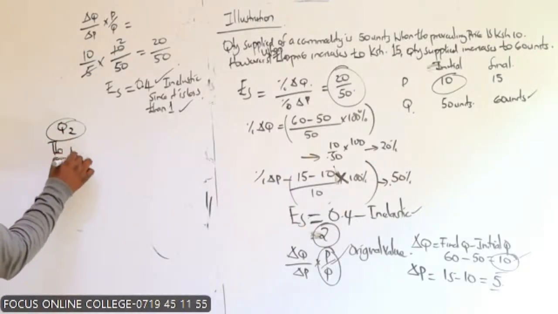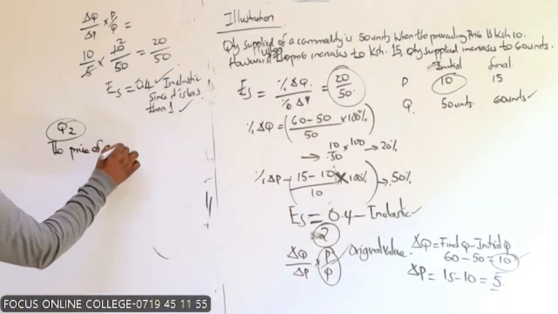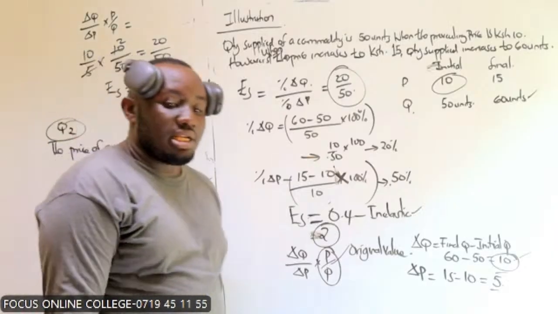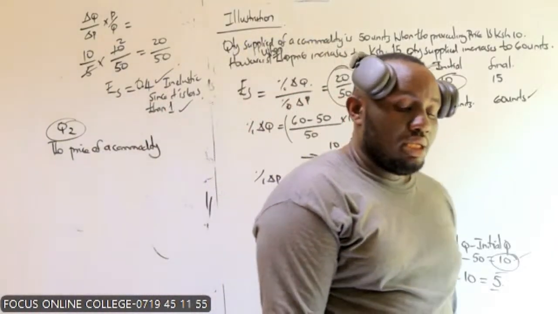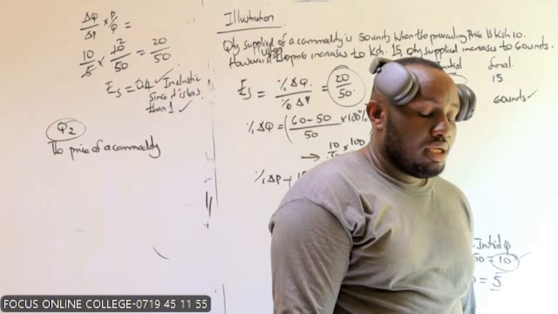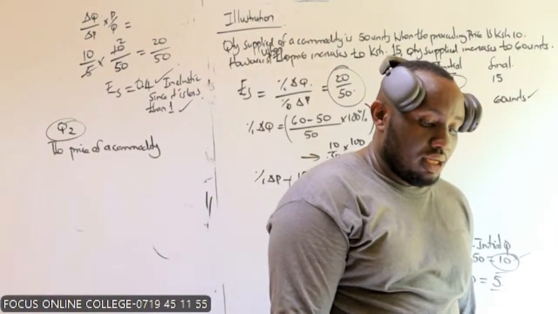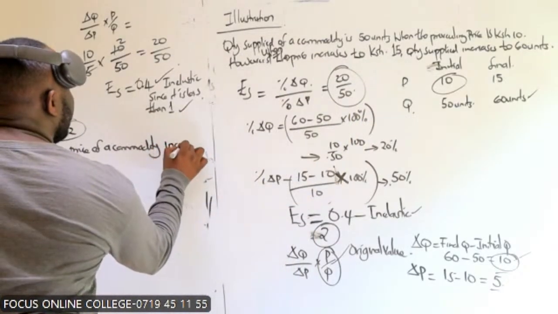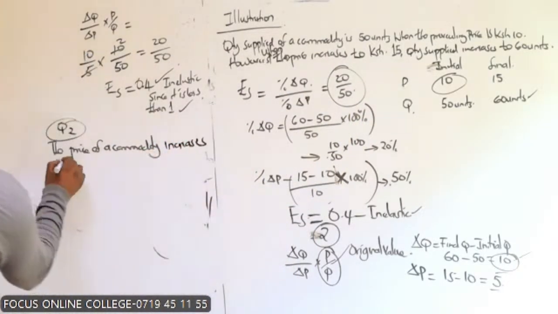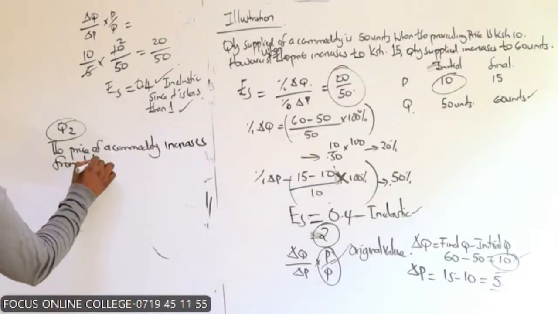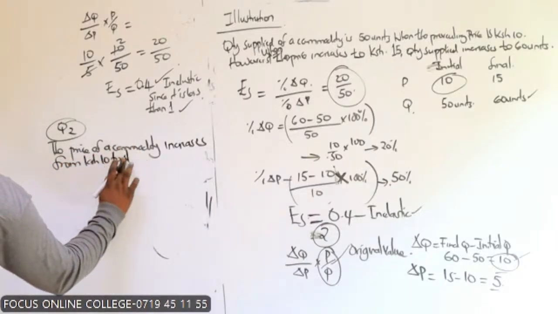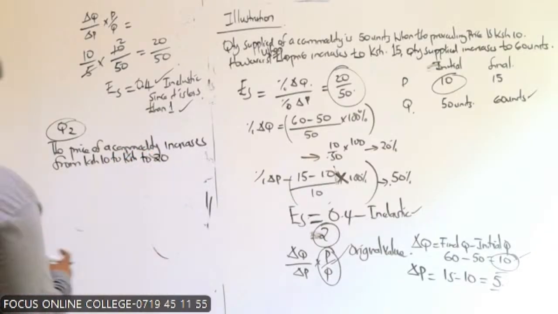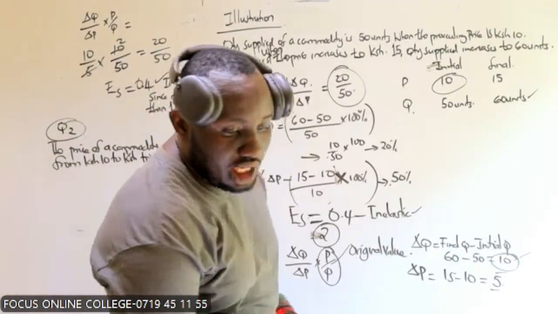The price of a commodity increases from shillings 10 to shillings 20.